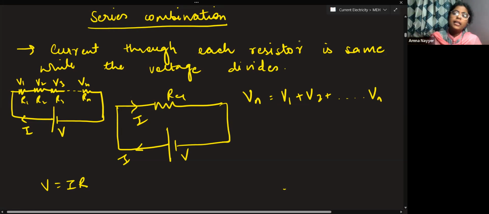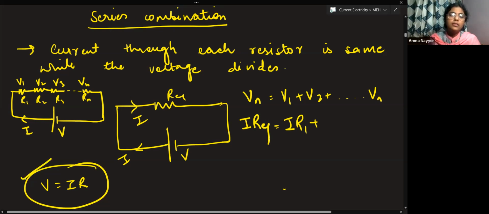I can write this as current multiplied by the whole circuit's resistance, that is R equivalent. Current is not changing, so I'm writing it as I. V1 can be written as IR1. You remember this relation, V is equal to IR. According to this relation, V2 will be IR2, and so up till IRn you have the equation written.